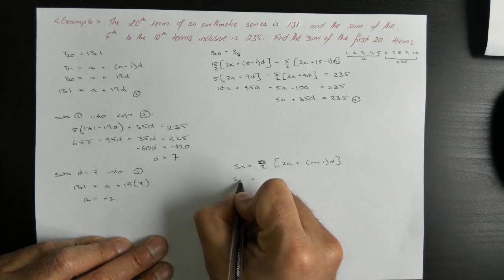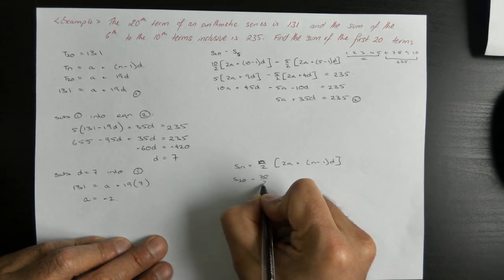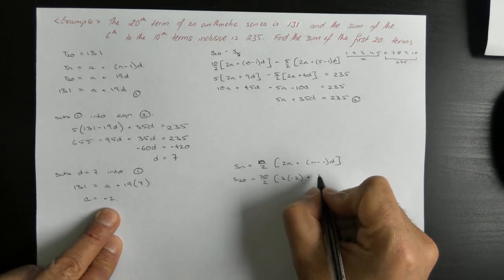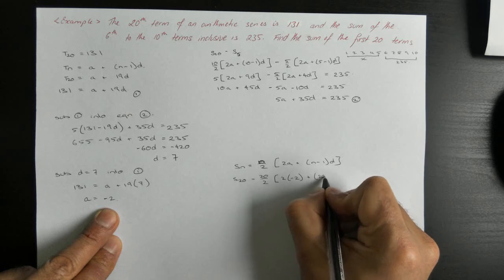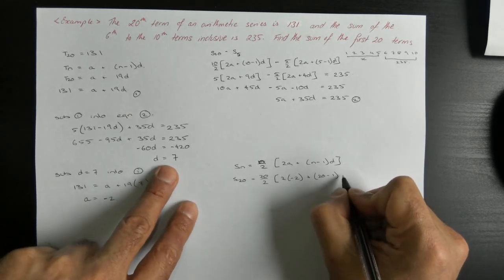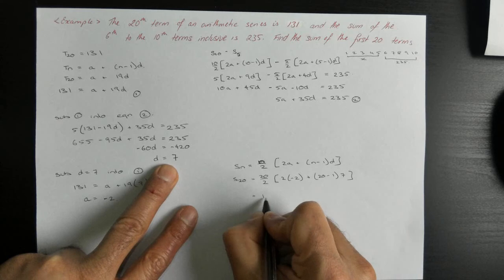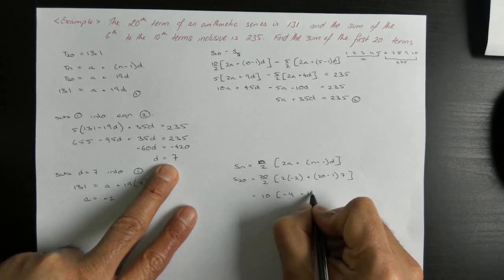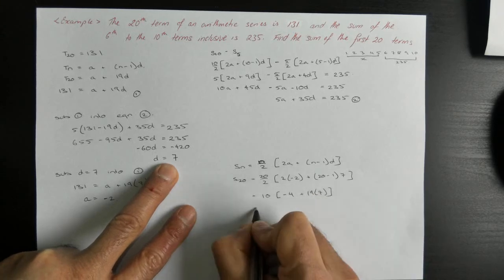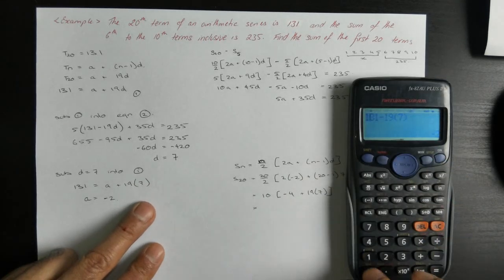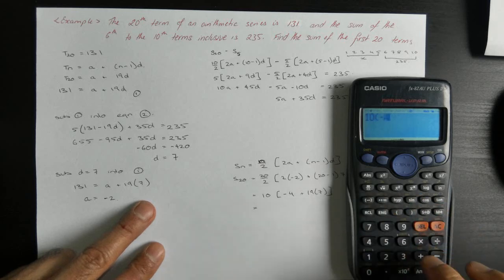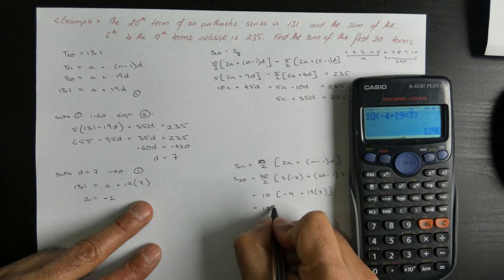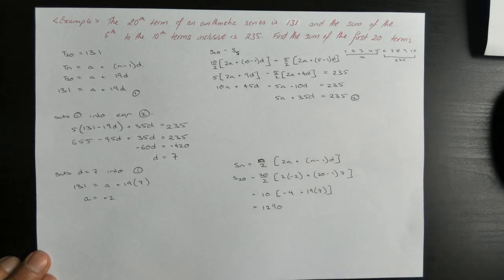So the sum of the first 20 terms is 20 over 2 times (2 times a, which is negative 2, so negative 4, plus 20 minus 1, which is 19, lots of the common difference, 7). Plug that into our calculator. It is 1,290. Okay, and that's it.